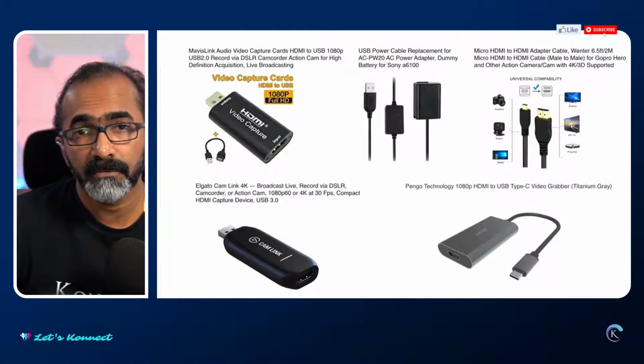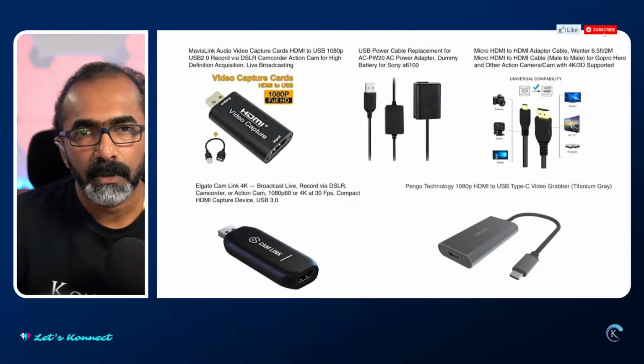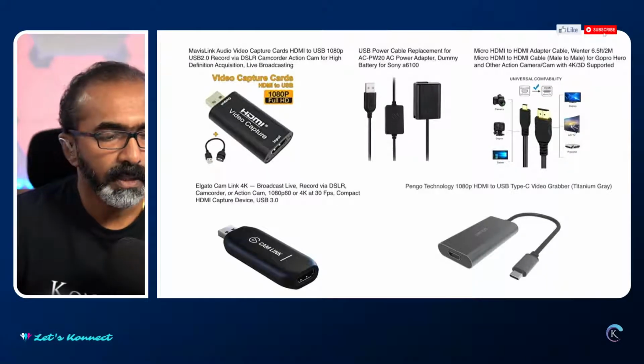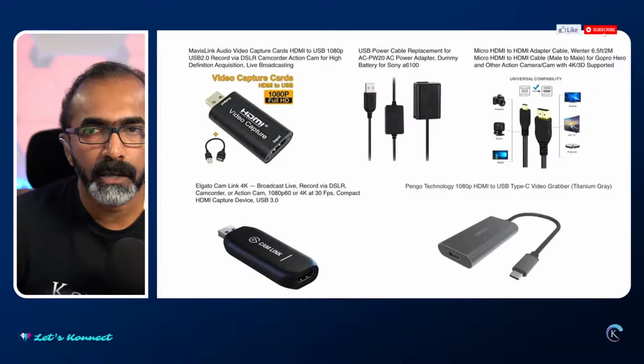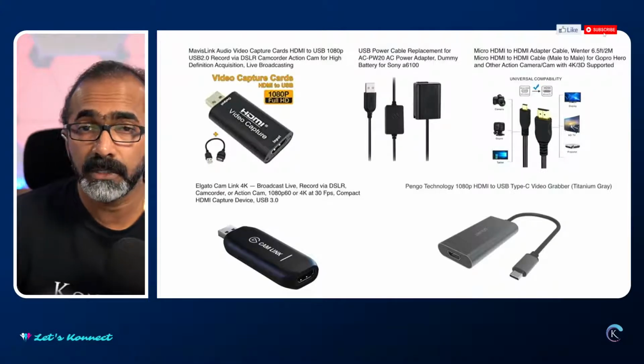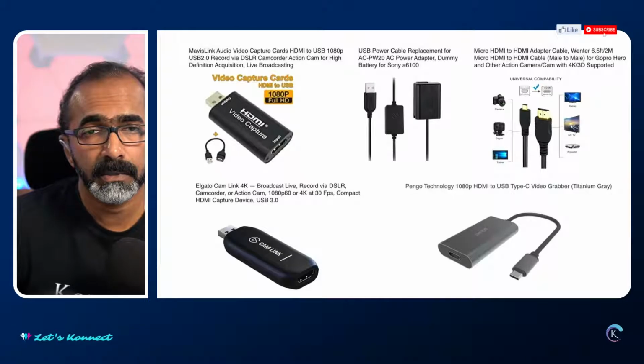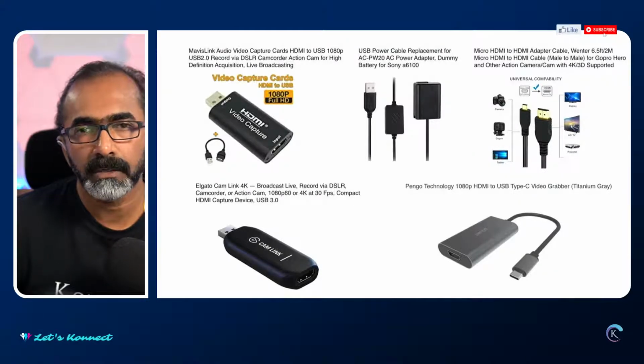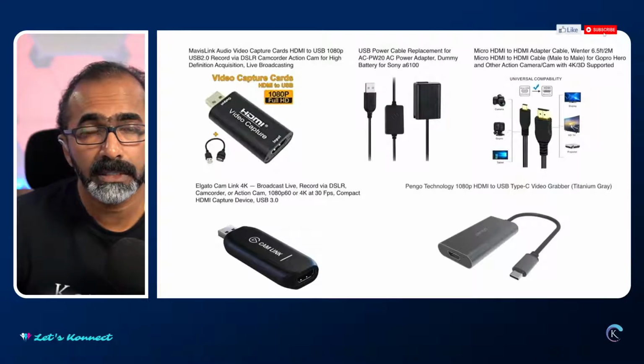If you ever decide to go with 4K streaming, this CamLink 4K allows you to stream at 4K resolution. And the third capture card is the Pengo Technology 1080p. We tested it. It's a very good capture card, but it only allows you to live stream or do business presentations at 1080p resolution.